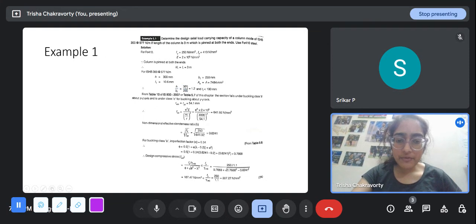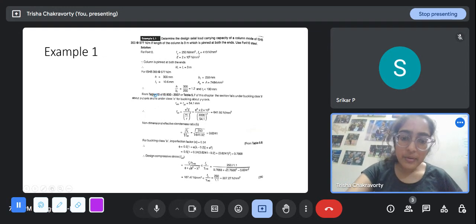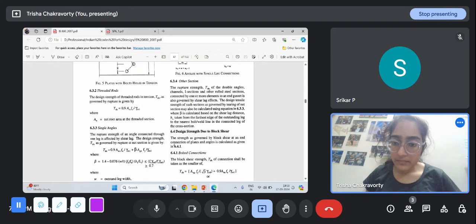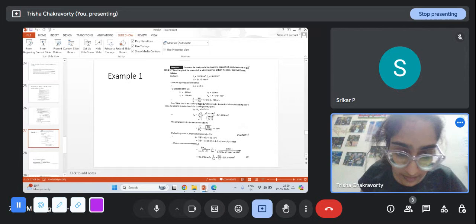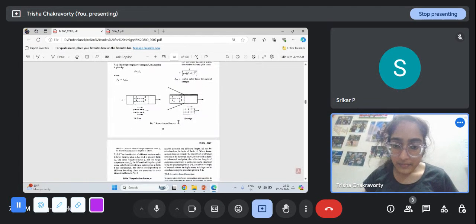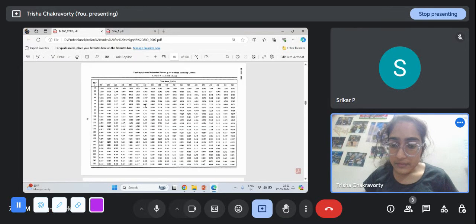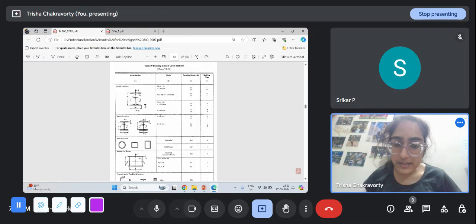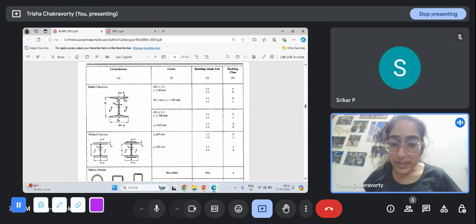H by BF is greater than 1.2 and TF is less than 100 millimeter, from table 10 of IS 800 2007 or table 5. Okay, I'll look at this as well. This is a table, the rolled I section.